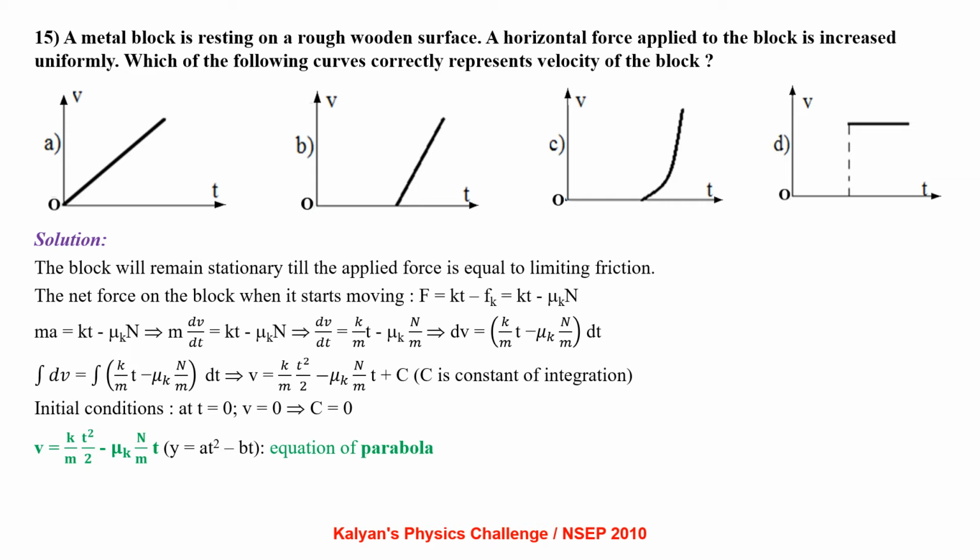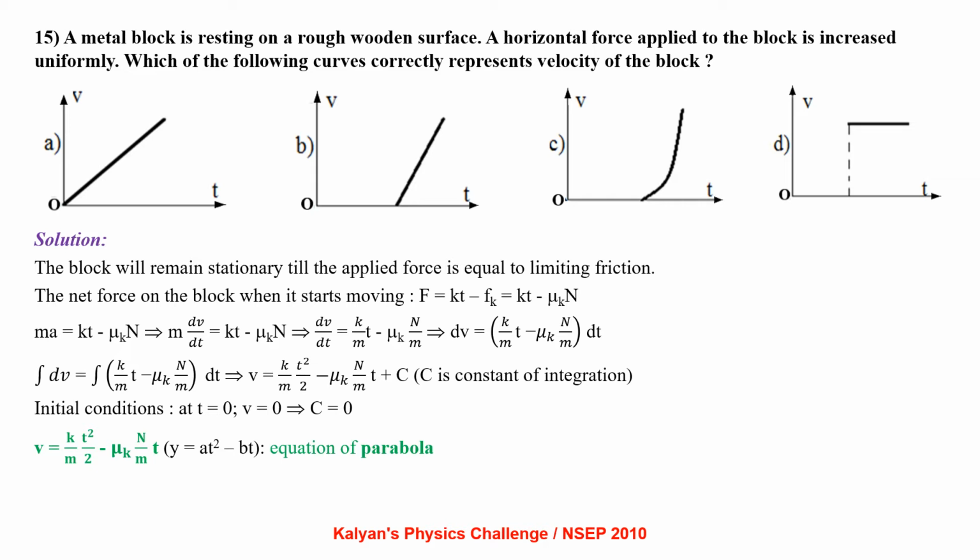So ma equal to Kt minus mu k into N, from which we obtain an expression for dV that comes out to be (k by m t minus mu k times N by m) into dt. Upon integrating on both sides, we get V equal to k by m t square by 2 minus mu k times N by m into t plus c, where c is the constant of integration.